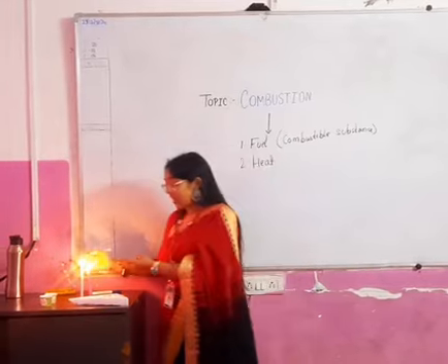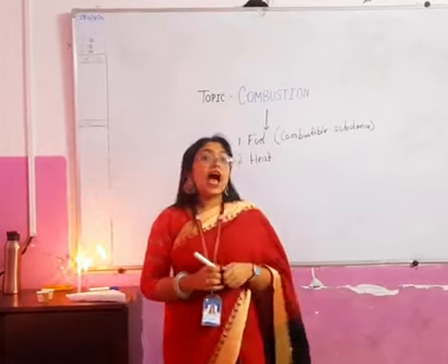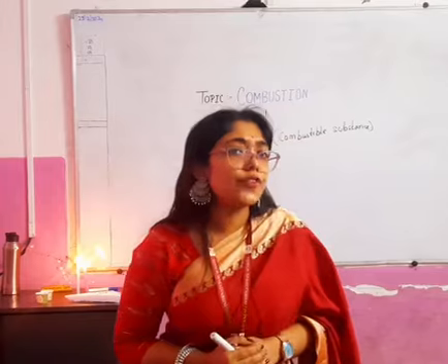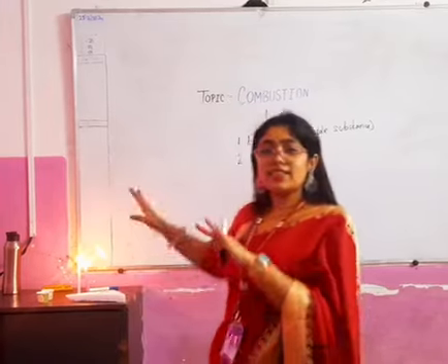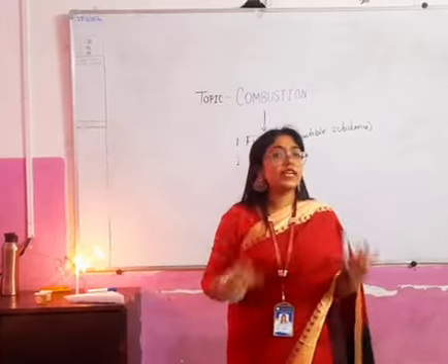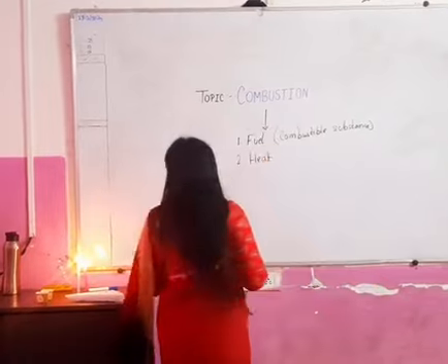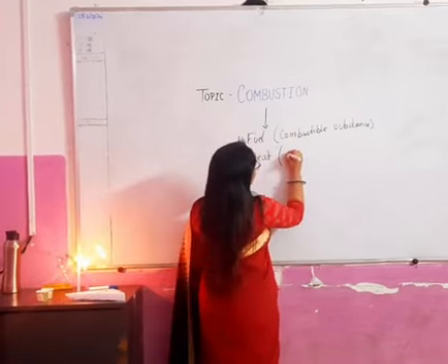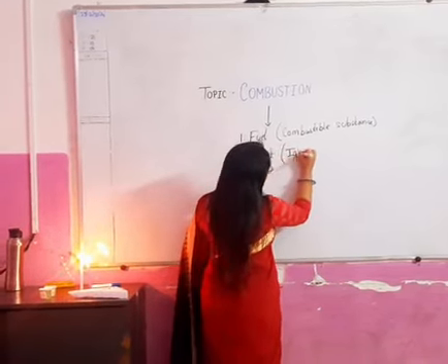Now this same candle, if I try to burn it at a temperature of minus 10 degrees, maybe it would be hard for us, correct? So here in this classroom we are getting the proper heat and the proper temperature. That's why the candles are still burning, correct?